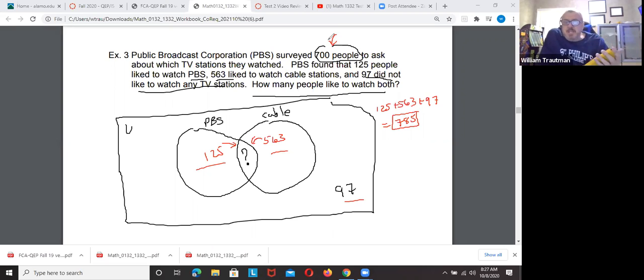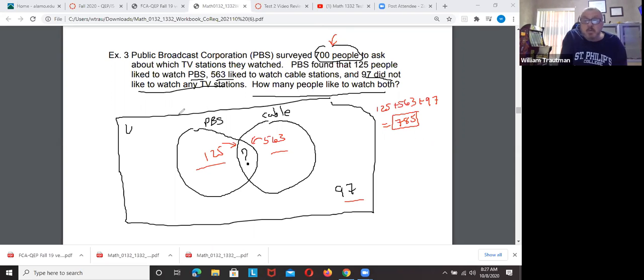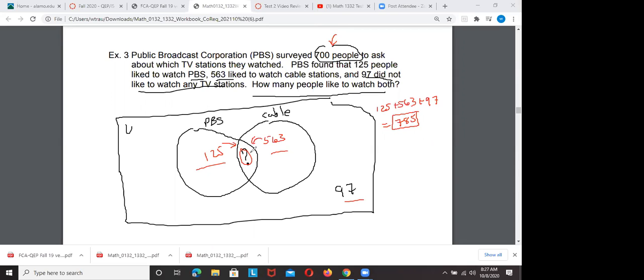What does that mean? When we add them all up, we get 785. It means we doubled the amount of people, we doubled both. Do you see these people watch PBS and they watch cable? We counted that number twice.